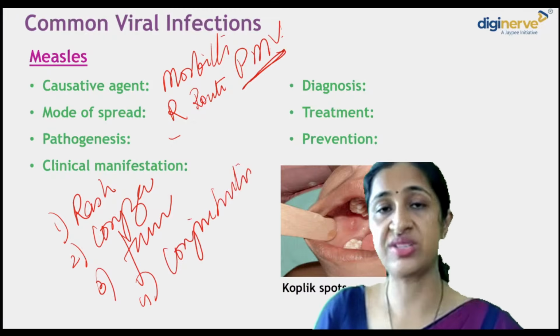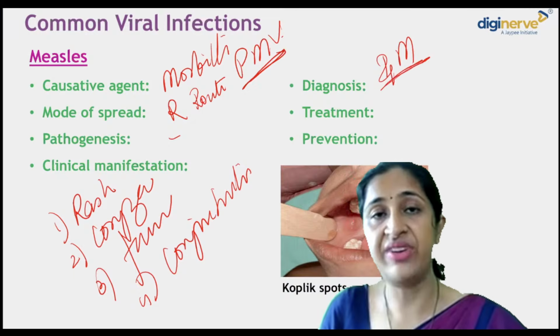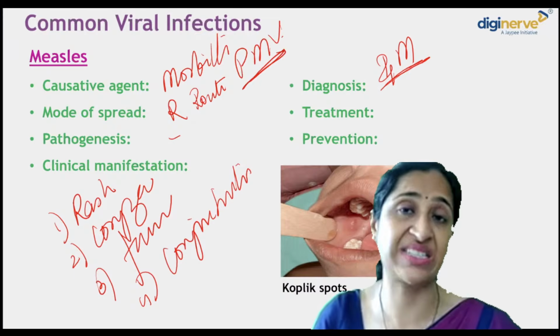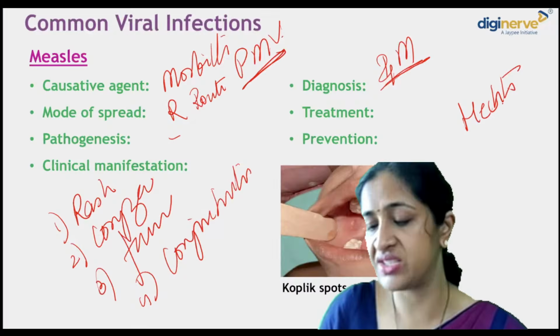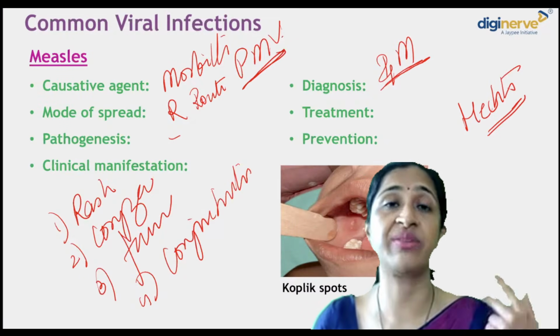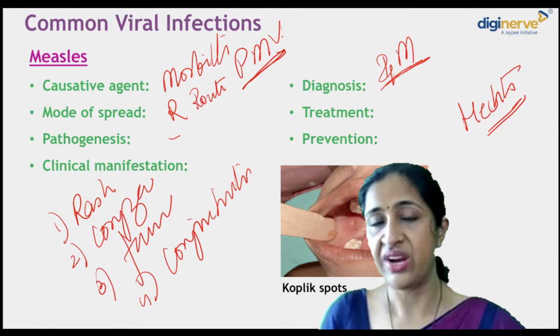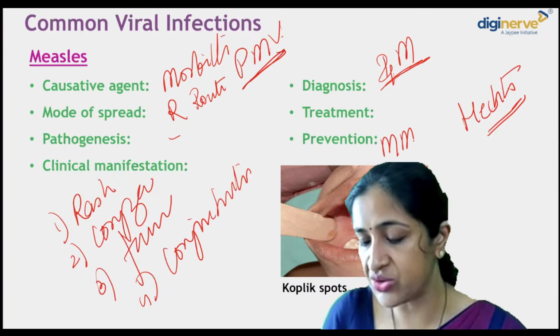Diagnosis is clinical. You can test with IgM measles if you want to confirm. We do IgM measles when we have complications of measles, like measles pneumonia called Hecht's pneumonia. Hecht's is H-E-C, Hecht's pneumonia. If you have this complication, yes, we do IgM measles regularly. If you have measles with CNS complications, we do IgM measles in the CSF. Treatment, supportive. Prevention, measles, mumps, rubella vaccine.